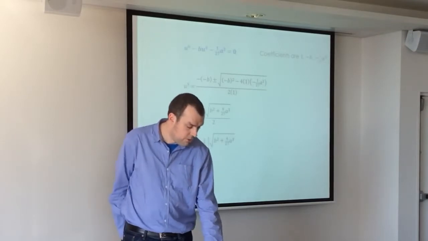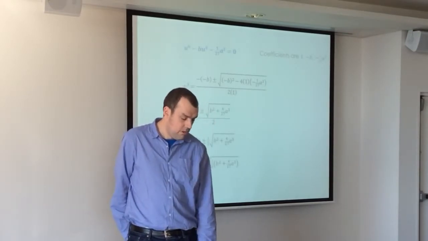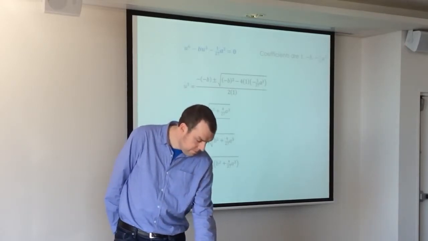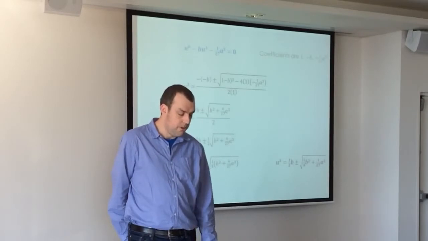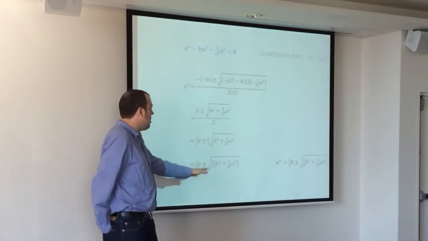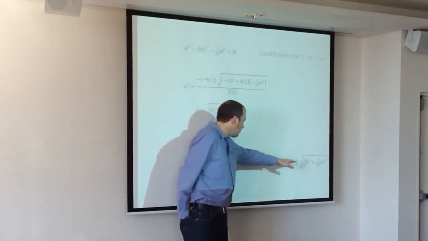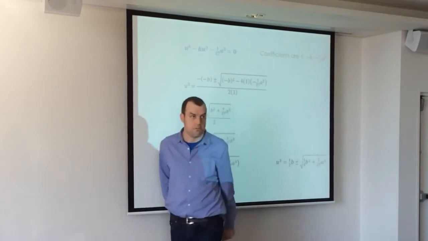Get rid of that big fraction. Put the half inside the square root. And expand, and that's where we leave it for u cubed, right? So we've got u cubed equals half b plus or minus that. And we saw that expression somewhere in one of the summaries before.